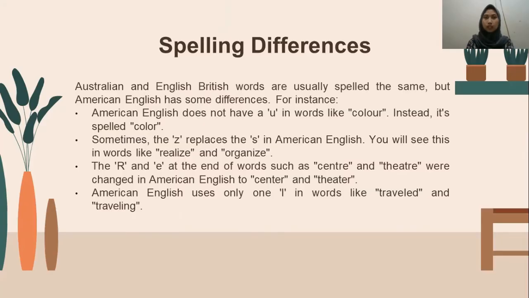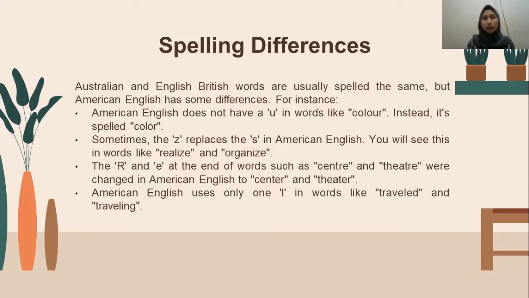So, spelling differences can also cause problems between American, British, and Australian speakers. But in this case, American English is the only strange one. Australian and British English words are usually spelled the same, but American English has some differences.